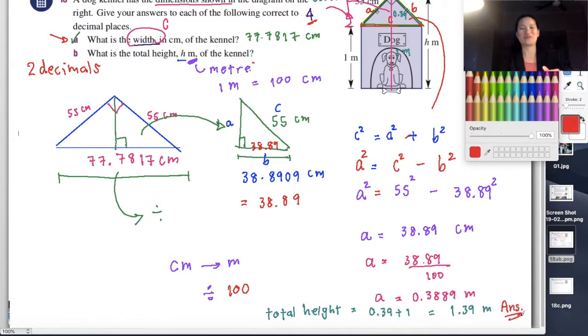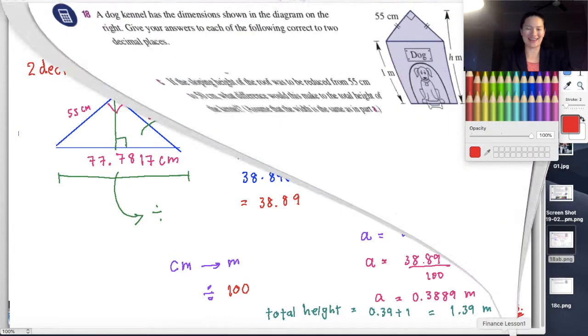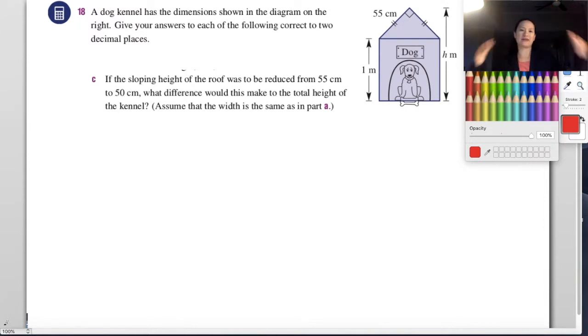All good, yeah? Before we go next, how about we go to C? The same picture, but for C. Let's read the question for C. If the slope height of the roof was to be reduced from 55 to 50 centimeters, what difference would it make to the total height of the canal?